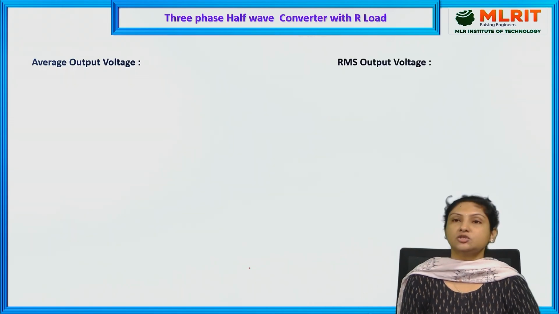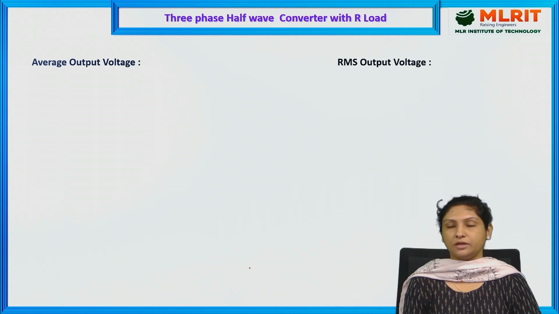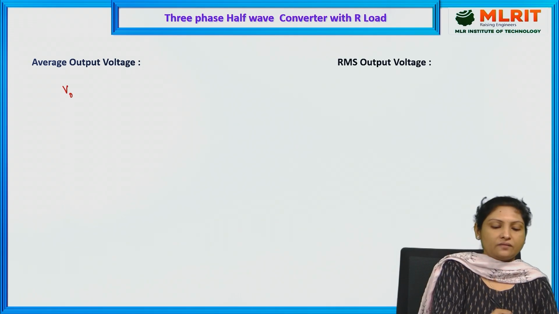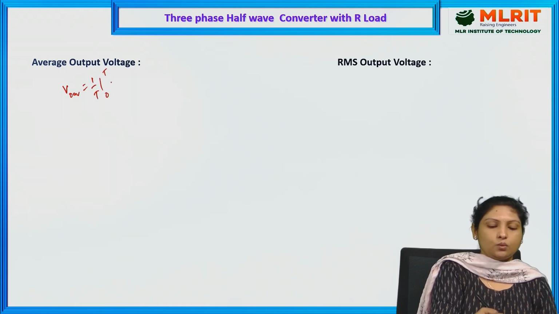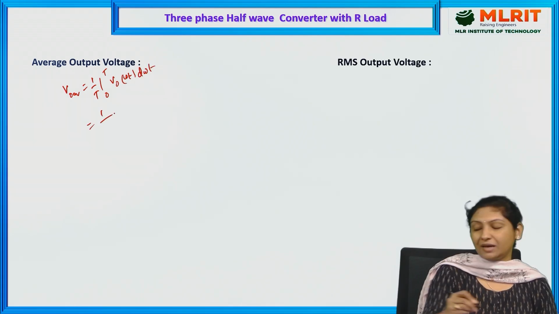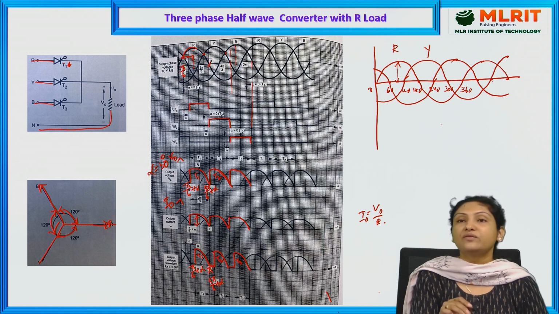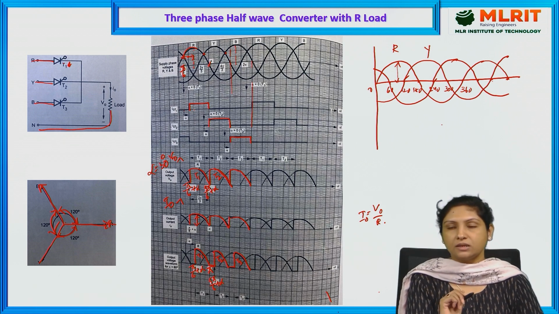And let us check out the V0 average expression for 3-phase half-wave converters with R load. Here V0 average, the general formula is 1 by T, 0 to T, V0 of omega T, d omega T. And here if you see the time period, let us check out the waveform. Every cycle is repeating for 120 degrees, 120 degrees in the sense 2 pi by 3.